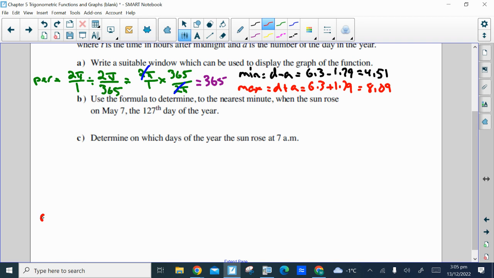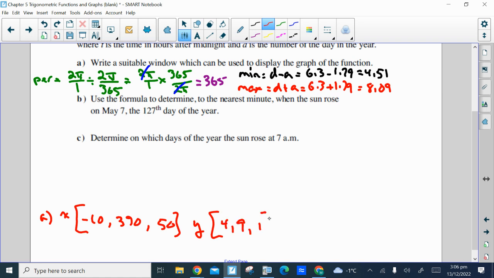So I'll do them down here. So for our x, we can go, let's say, from negative 10 up to 370. And maybe a scale of, I don't know, 50. For our y windows, we can go from 4 up to 9 and a scale of 1.